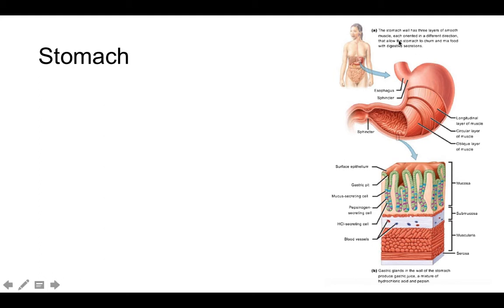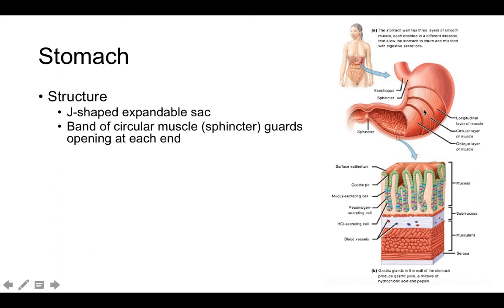So that way, the food that moves down the esophagus through the esophageal sphincter into the stomach can fully contact the hydrochloric acid and the digestive enzymes that the stomach produces. So first of all, the stomach is a J shape, as you can see here.